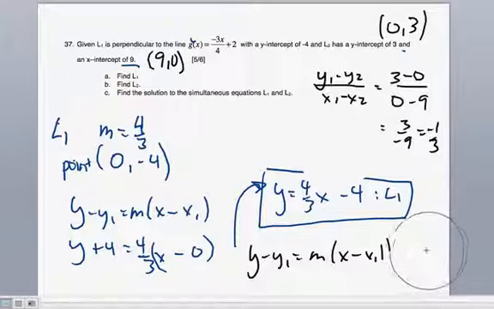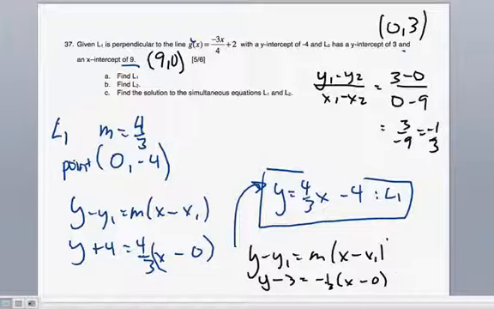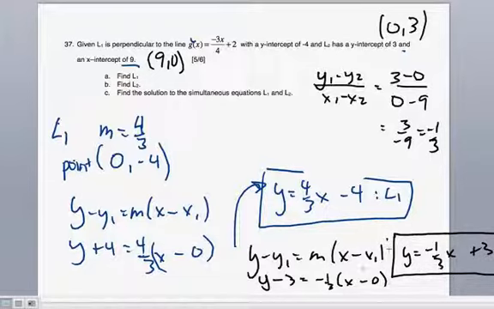And when I do that, I get, using this point here, (0, 3), y minus 3 equals negative 1/3 x minus 0, which is then simply y equals minus 1/3 x plus 3. Here is line 2.